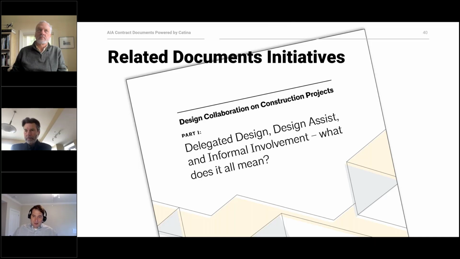And unlike mine and Pat's IP article, there is a part two of this. I believe it's in the final stages. I'm not sure if it's been published yet, but in any event, this one was an attempt to, in a broad base way, define the differences between delegated design, design assist, and informal involvement. For each of them, there's a different level of responsibility that's associated with the type of assistance that's being provided in the design.